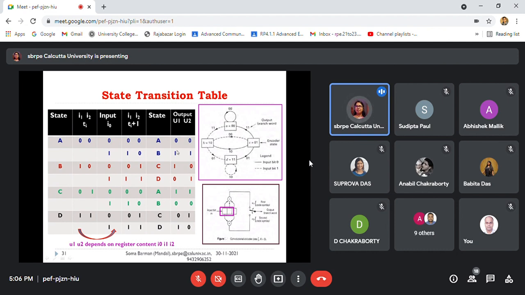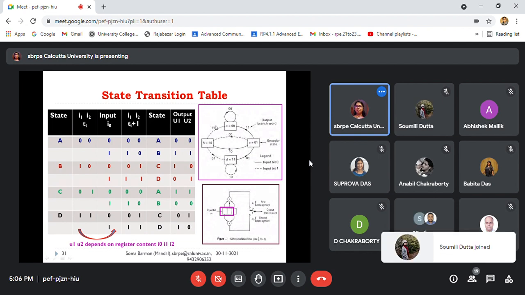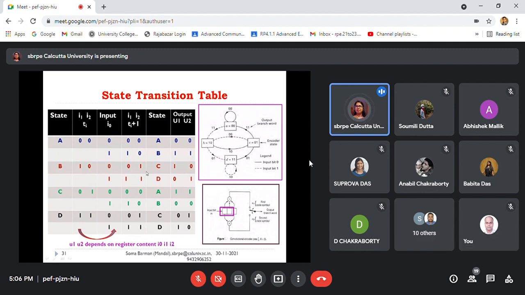So the output is 1 1 and A goes to the state 1 0, so it will go to state B and the output branch is 1 1. Clear?